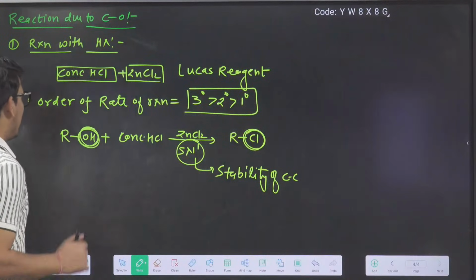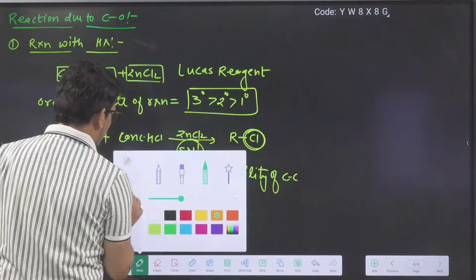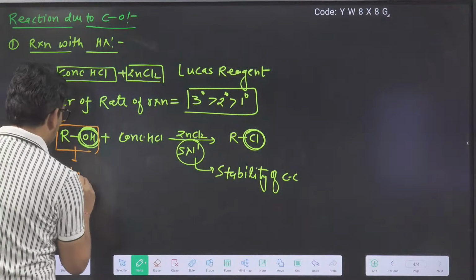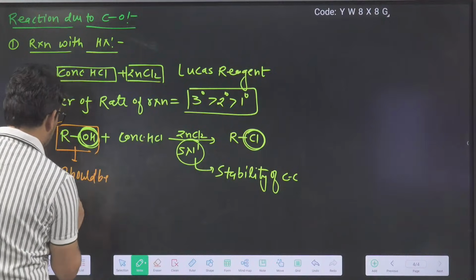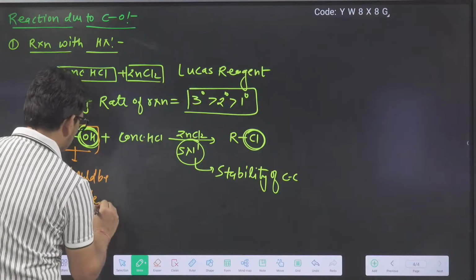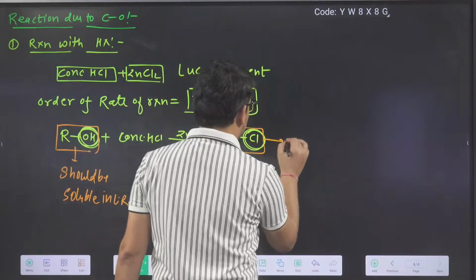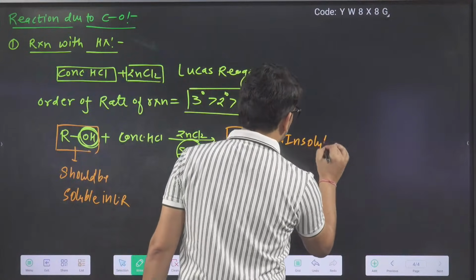Now here one condition is also there that this alcohol should be soluble in Lucas reagent, and the formed alkyl chloride is insoluble.